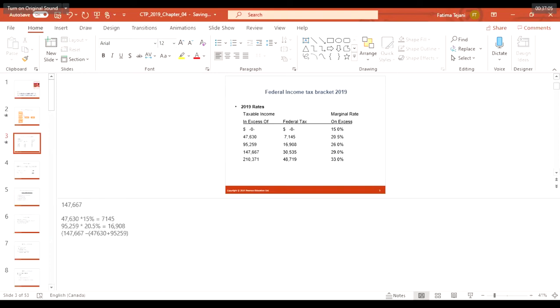What is the balancing amount? Is it 4,778? Right, Michelle? Okay, so now this will be calculated at what percentage? 26. Very good. So this will be calculated at 26%.